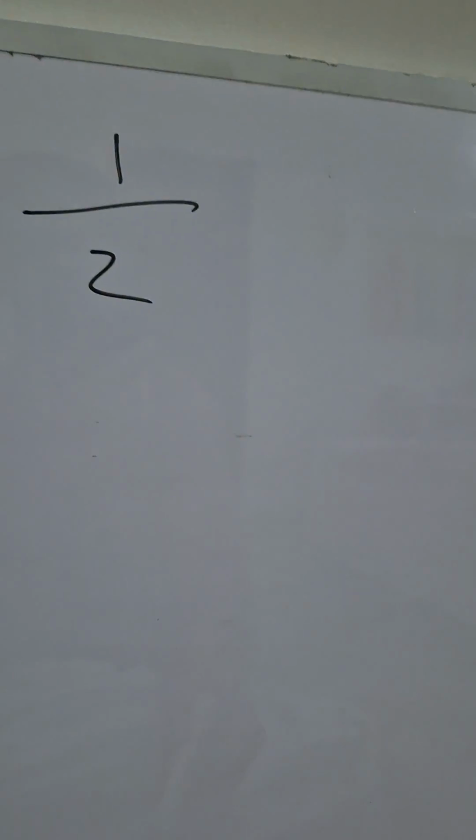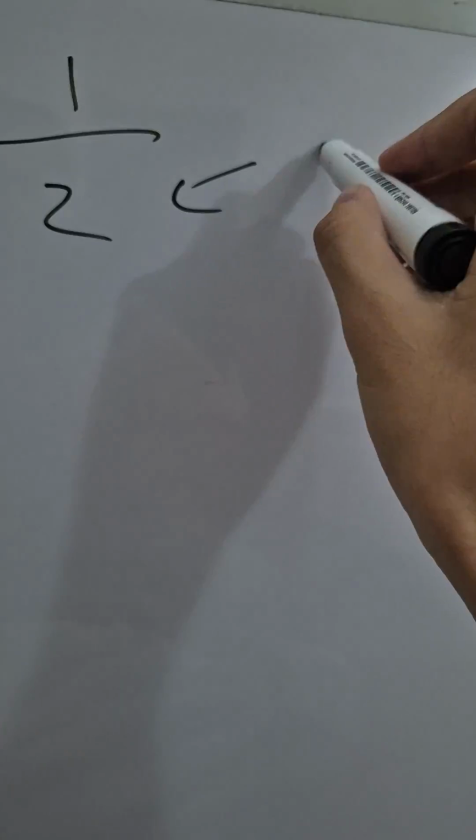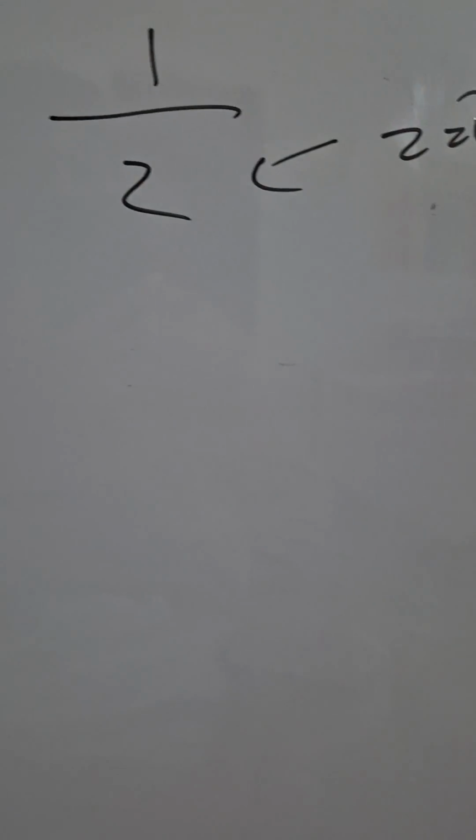So let's choose the simplest function out there: 1 by z, which has a singularity at z equals 0, right? You might get what I mean.